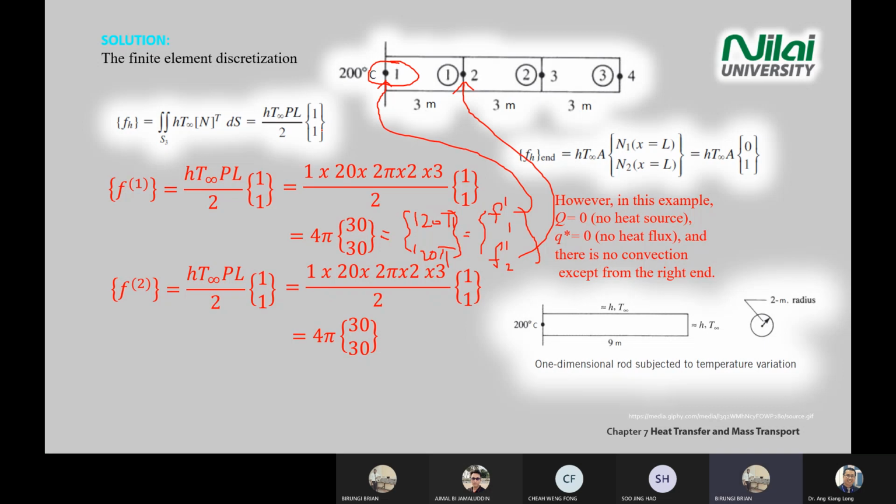So 120 pi. Wrong answer. The correct answer is 120 pi, for point 1. What is the force at point number 2? 120 pi.